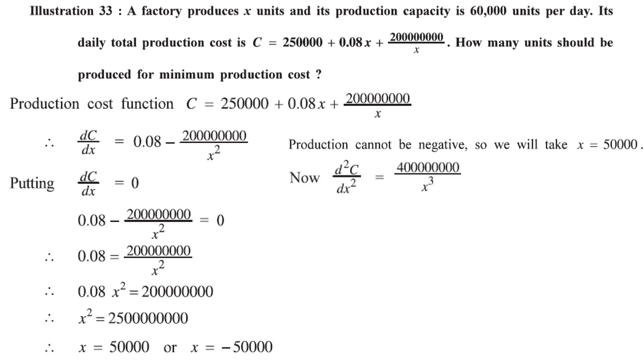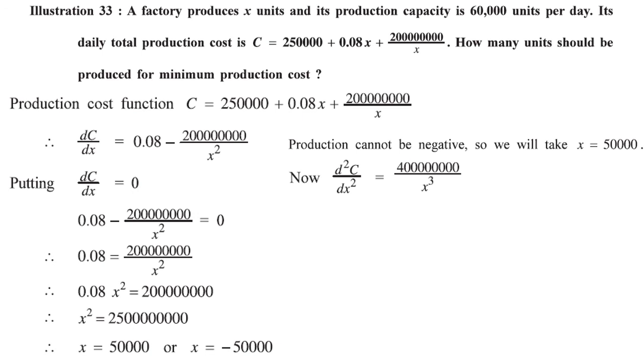Now next we have to take out the second order derivative here. X square was there in the first order derivative, so it's a derivative, 1 upon x square derivative becomes 2 upon x cube. So 20 crore becomes 40 crores divided by x cube.